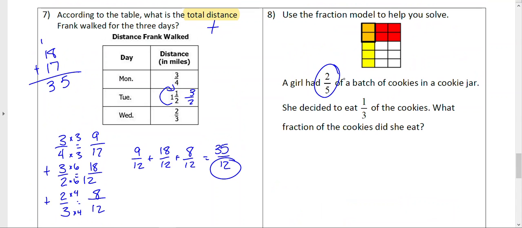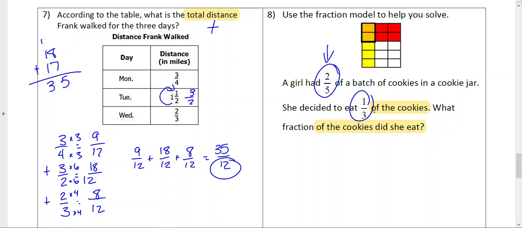So I'm going to circle my fractions, and then I need to highlight my keywords. So she had 2/5, and then she decided to eat 1/3 of the cookies. And it's asking what fraction of the cookies did she eat. If we read right here, it said she decided to eat 1/3 of the cookies, and we have to think, well, she originally had 2/5 to start with.